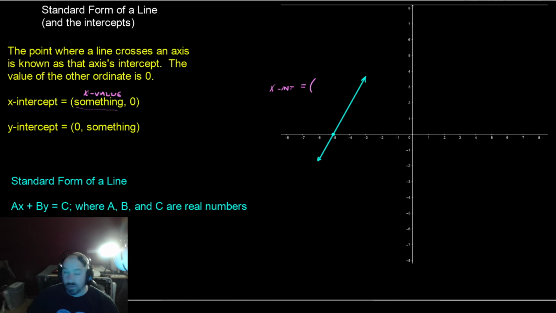The x value will change. In this case we have -5. The y value of the x-intercept is always 0, because the corresponding axis is 0 on the opposite ordinate. So if we're talking about the x-axis, the horizontal one, then the y value is always 0. Always, always, always, forever.